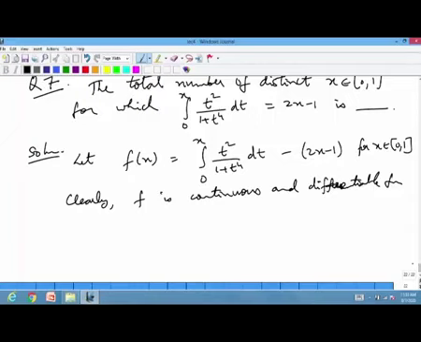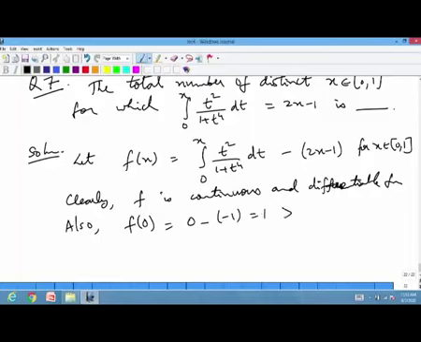Also let us see what is the value of f of 0. If we put x equal to 0, the integral is 0 to 0. So, this is 0 minus, this will be minus 1, so this is equal to 1.